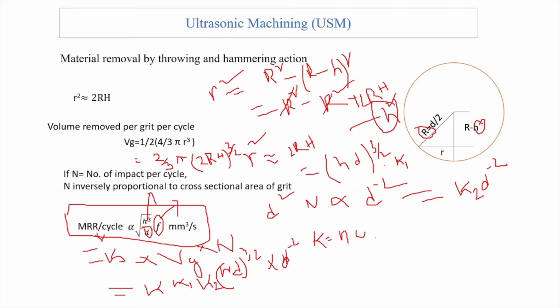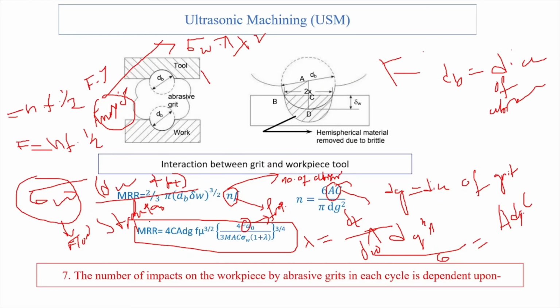Next part actually, if A is the total surface area of the tool facing the workpiece, then the volume of abrasive slurry of 1 grit thickness will be A into dg. This is the volume of 1 grit abrasive slurry.